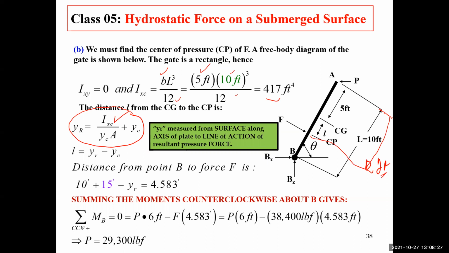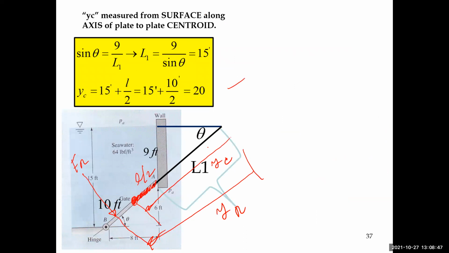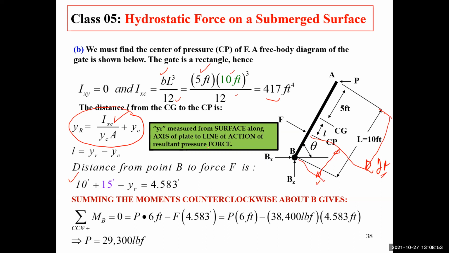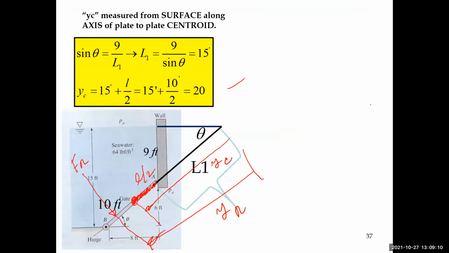Of course, if I want to find the distance between F and B, the distance between the line of action of the force and the pin, well, 10 feet, of course, is the length of the plate itself.